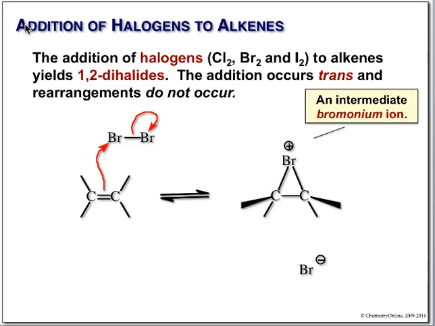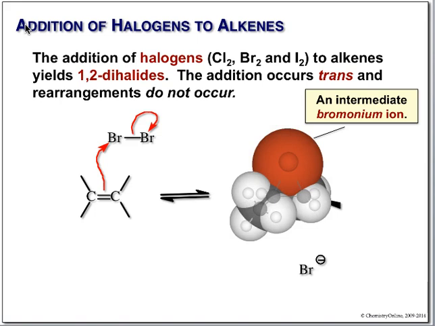In order to do that, Br minus has to attack this carbon. It has to attack it so we can make a bond, right? This is where the fact that this bromonium ion is large comes into play. Bromine is a big atom. Here's the carbon we want to attack. There is absolutely no way that this Br minus is going to make it down this way to attack this carbon.